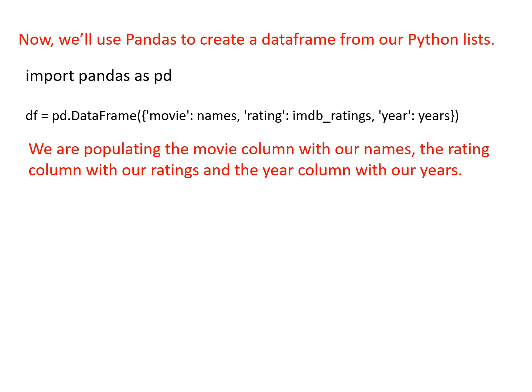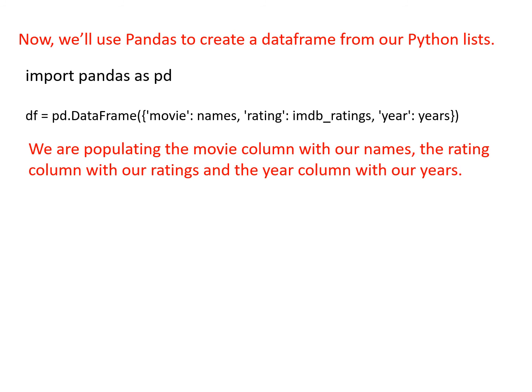It also allows us to say what we want the columns to be called. So we're passing in, first of all, our list that is called names. Those are really our movies, right? So we might want to call that column movie. So we're going to have one column in our data frame with all of the names, and we're going to call that column movie. Then we're going to have another column called IMDb ratings, and we're going to call that column rating.